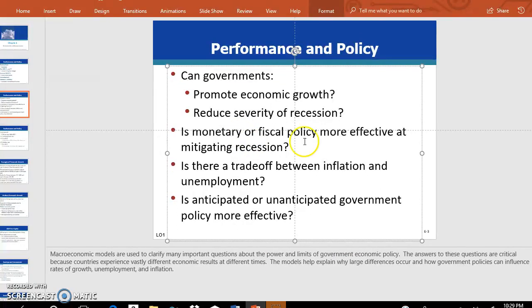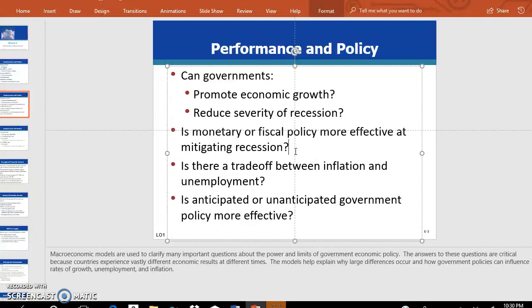So is monetary or fiscal policy more effective at mitigating recession? Suppose there is a recession, what should the government do? Monetary policy, one thing the government can do in a recession is reduce the interest rate. Make borrowing very cheap for the private businesses, so the private businesses can borrow a lot of money, start new projects, hire workers, train workers, start production.